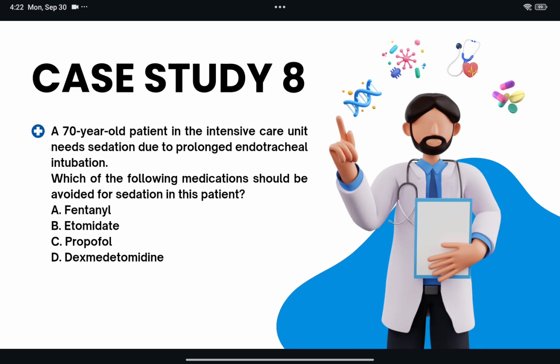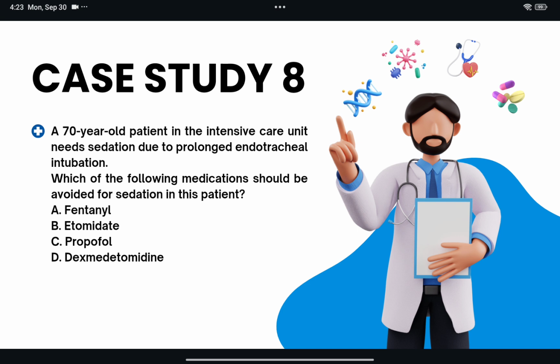Next, a 70-year-old patient in the ICU needs sedation due to prolonged endotracheal intubation. Which of the following medications should be avoided for sedation in this patient? You see option B, etomidate. It decreases plasma cortisol and aldosterone levels by inhibiting the 11-beta hydroxylase enzyme.